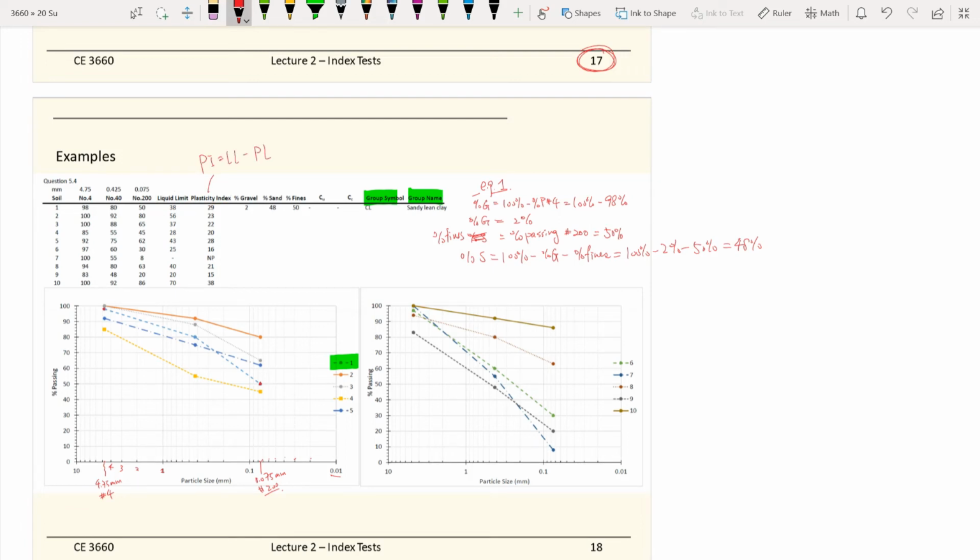This problem is nice in that they directly give you the plasticity index, but very likely the raw data you get from the lab is the liquid limit, not the plasticity index. Anyway, this problem gives you the PI already. So we have a liquid limit of 38 and a PI of 29.